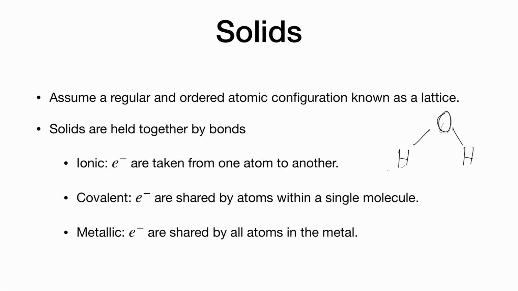And then finally, we have what is called metallic bond. This is a bond where electrons are not only shared by the two atoms closest to one another. For instance, here, I mentioned that the oxygen shares an electron with this hydrogen, and there's going to be a bond here.